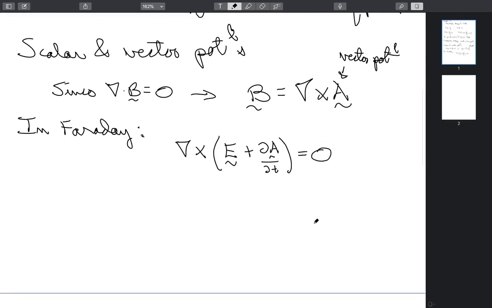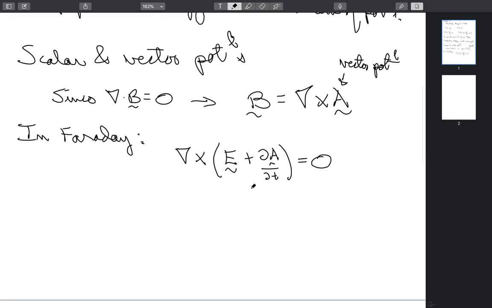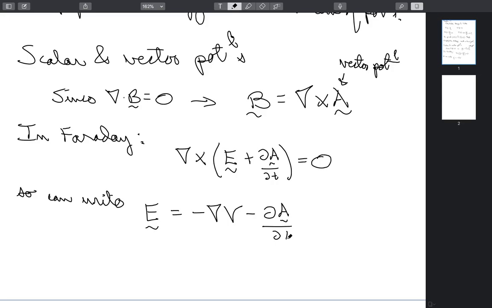But if the curl of something is equal to 0, it means that we can write it as the gradient of something else. So we can write that E plus dA/dt is the gradient of something else. And then by choice, we say that this something else is minus V, okay? So E equals minus grad V minus dA/dt. So even in the dynamic case, the electric field is fully determined by the scalar and the vector potential.